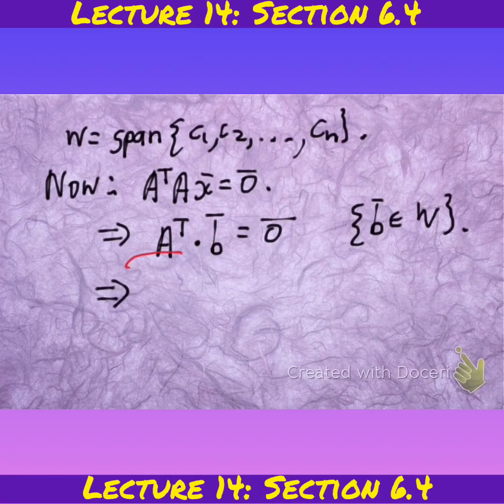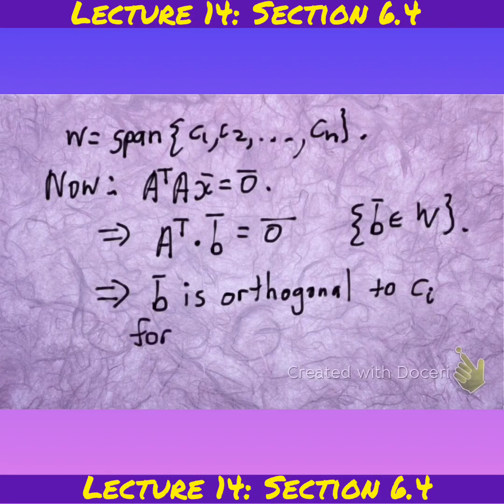You run through right up until the end, and you get another 0 there. And this means that B is orthogonal to every column of A.